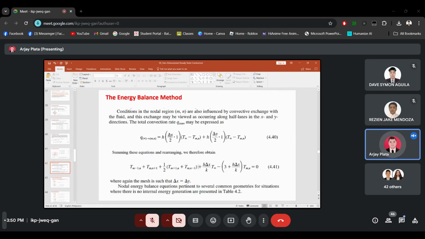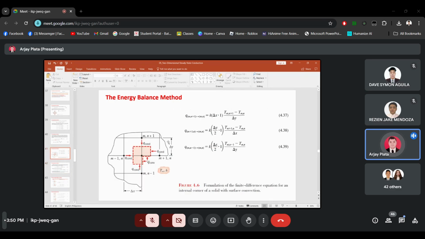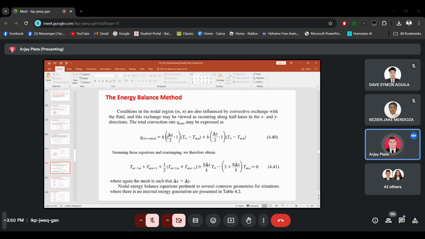So we have H times the area, which is this one, delta x over 2, and this is delta y over 2. So we have H delta x over 2 times 1 times delta T plus H delta y over 2 times 1 times delta T. So delta T is T infinity, or the temperature of the fluid, minus Tmn.